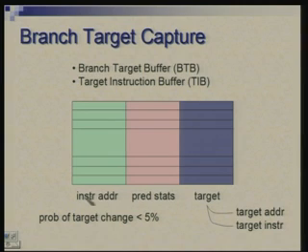One field carries the instruction address, the second field carries prediction statistics like those 2 bits of the finite state machine, and the third carries the target address. So, given the address of the current instruction, which is a branch instruction, you try to look up in this table. Looking up in this table means that in parallel it will search and try to match that address with all the addresses in the first field. If any match occurs, you pick up the prediction statistics and you pick up the target address.